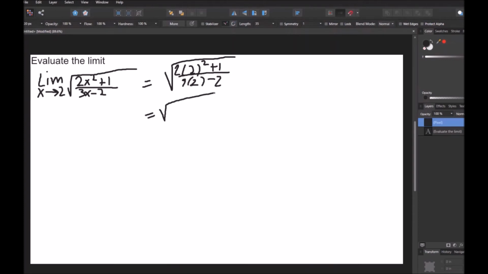So 2 squared is 4, so it's 2 times 4 plus 1. 3 times 2 is 6, so 6 minus 2. 2 times 4 is 8, so it's the square root of 8 plus 1 over 4. That's the square root of 9/4.